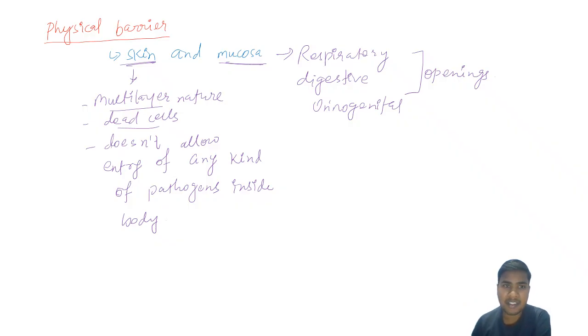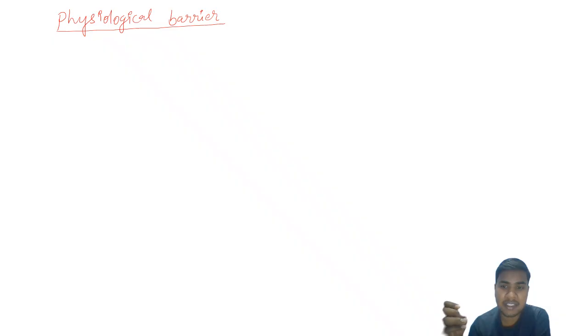Now, the next thing is the physiological barrier. So what is a physiological barrier? The term clearly states it. This is also a barrier, but the mechanism of preventing the pathogen is different from the physical barrier.